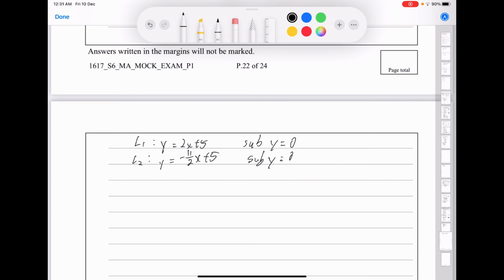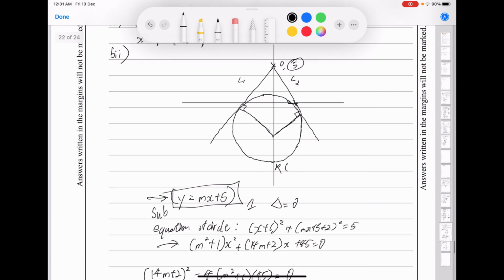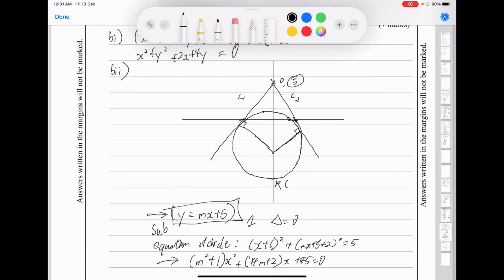Then we can get coordinates of h will be this, and k would be this. Hence, we'll know that this one will be equal to this, and this one will be equal to this.